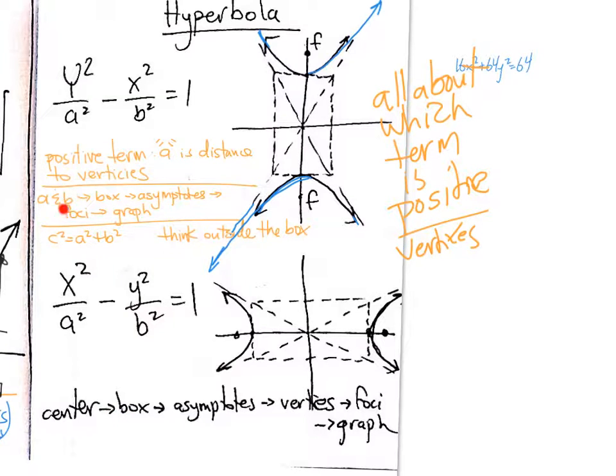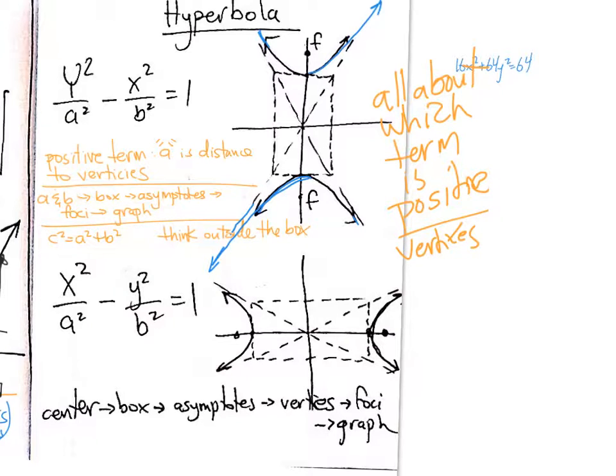Draw the box using A and B. Through the corners of the box go the asymptotes, and then the vertices. If we're drawing A and B, we already have the vertices drawn. Then the foci, or focal points, and then we graph it. Not just two parabolas, so this is wrong. It should approach the asymptotes.